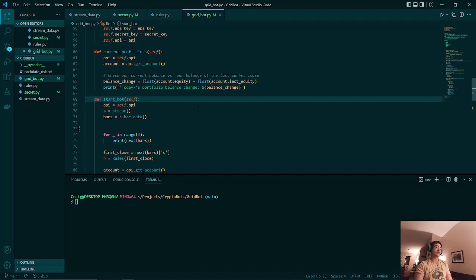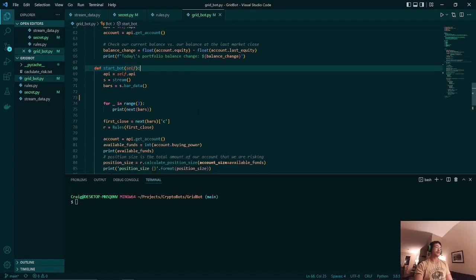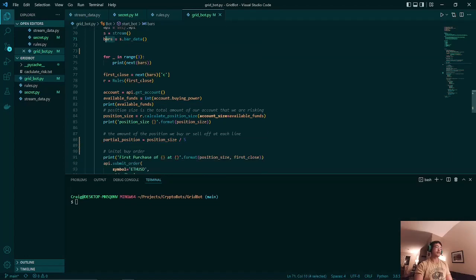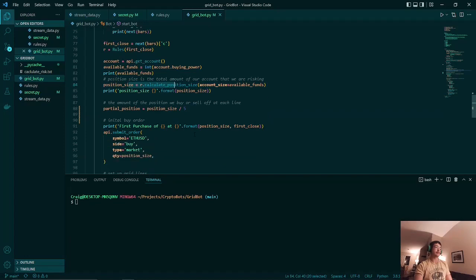What this will do is it will be used to essentially execute trades based on our grid lines. So as you can see here, we're getting our bar data. Then after that, we will be getting our first closing price, and then after getting our account buying power or available funds, we'll then use that to calculate our position size.